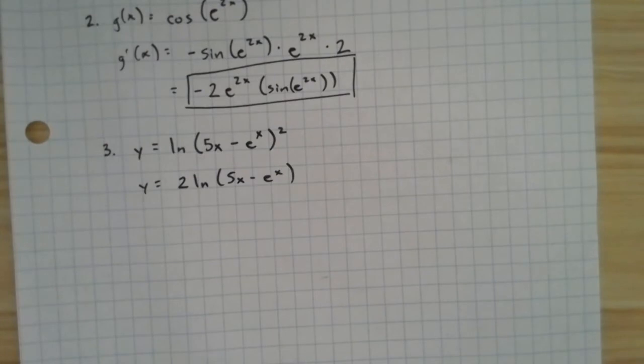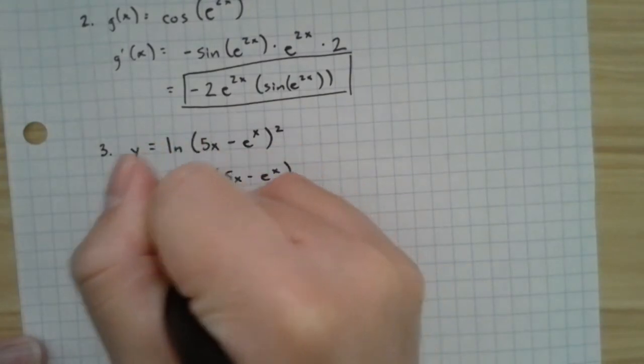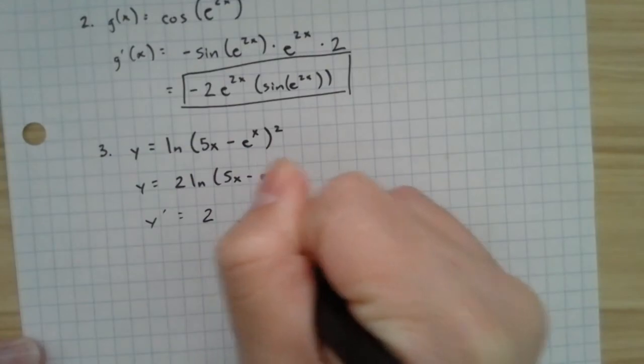And then now I can take the derivative here. The derivative of ln x, recall, is 1 over x prime, the derivative of x. So if I have this here, then y prime would be 2 times I'll have 1 over.